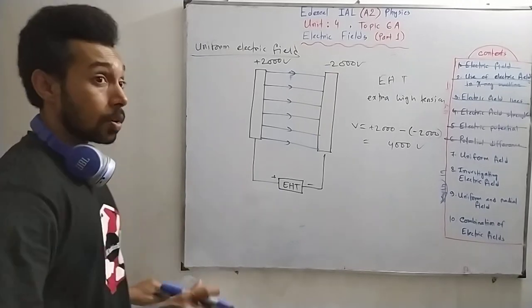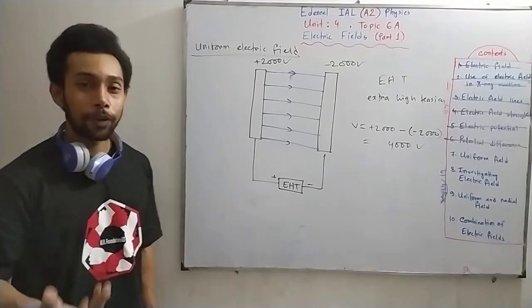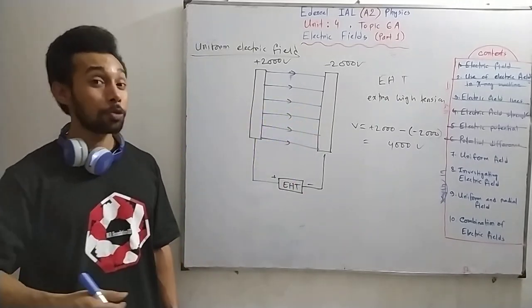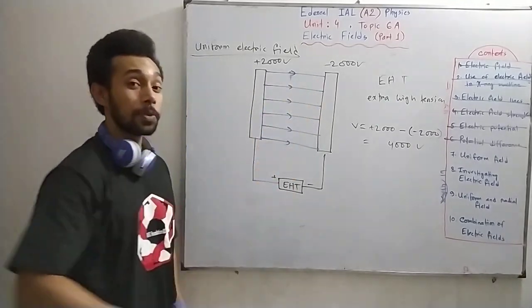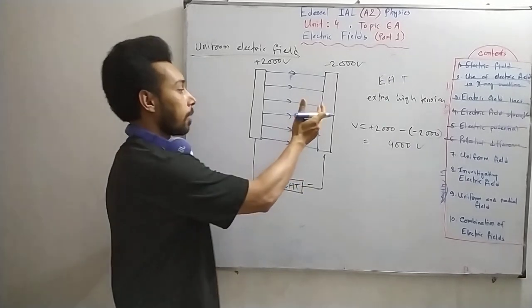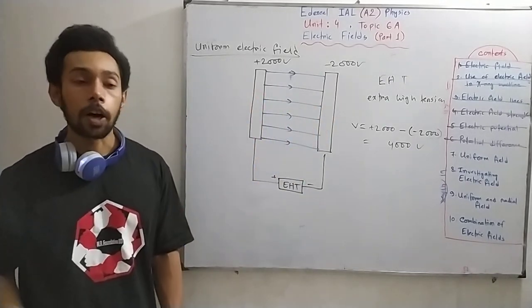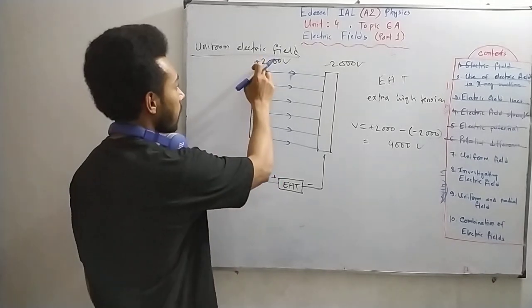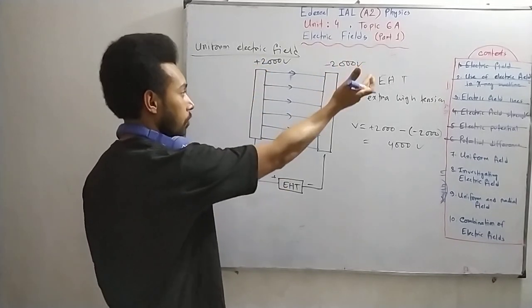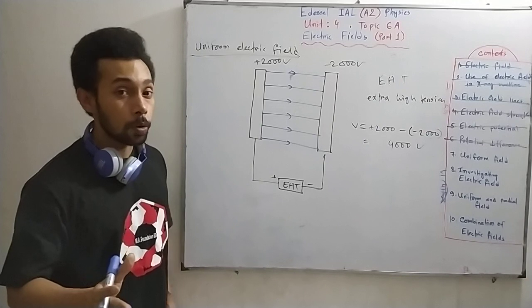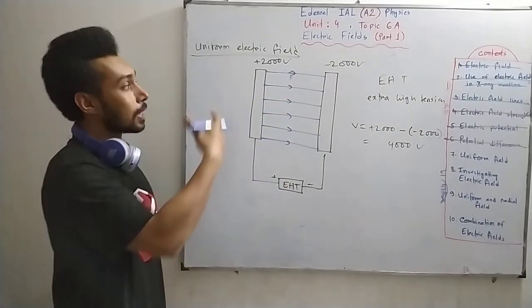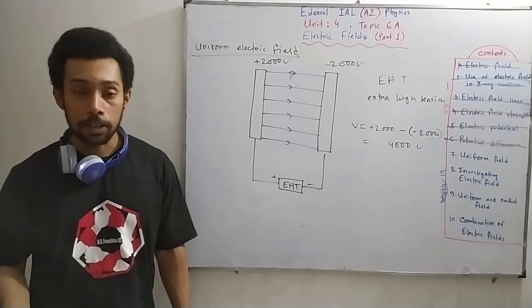Okay. Sorry, I forgot to mention another thing. There will be an electric field between two charged particles or charged objects if the plates or the objects are at different electric potential. If this is at plus 2000 volt and this is at plus 2000 volt, there will be no electric field between these two plates because the plates are at the same electric potential.